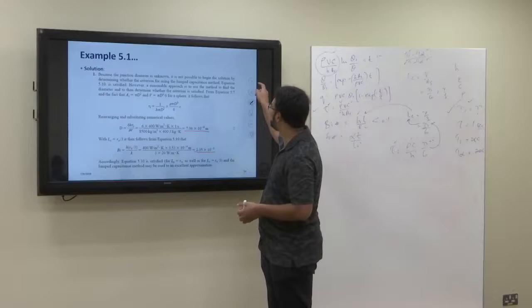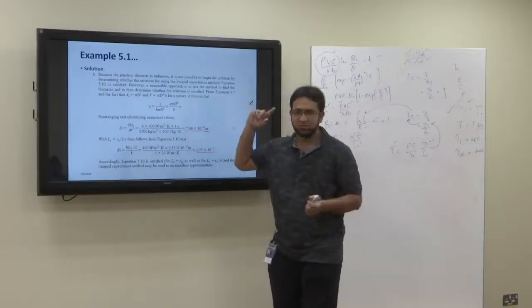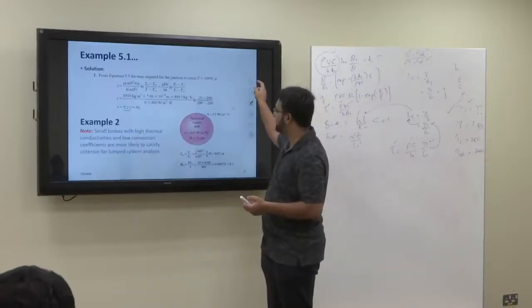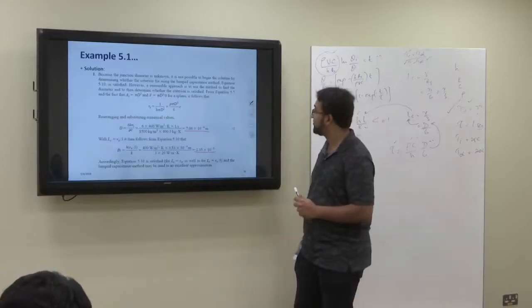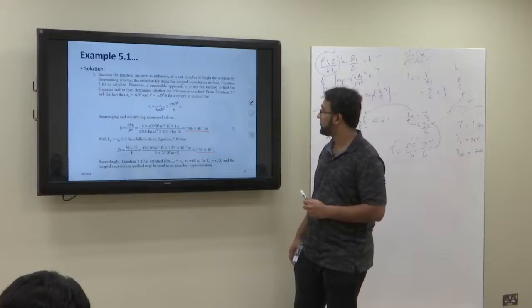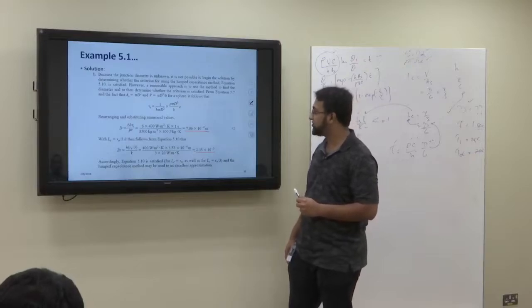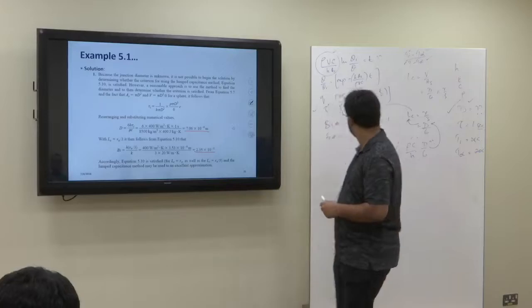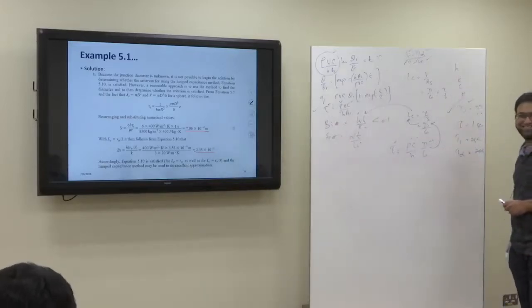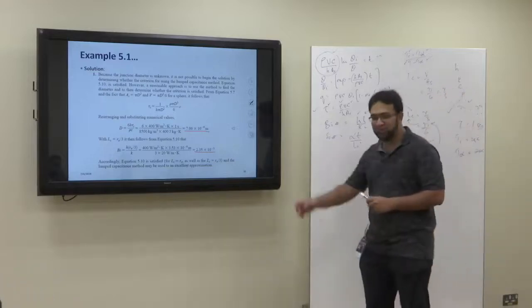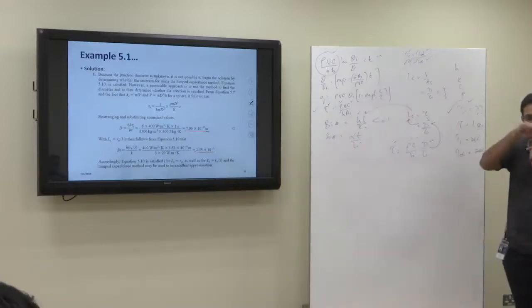Anyways, that was the problem. Is there anything that you did not understand in the solution of the problem? Okay. I did the previous slide. D is 6h tau over rho c. Actually, when I proceed on the board, I proceed very stepwise.